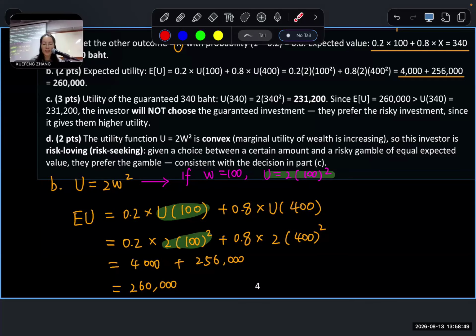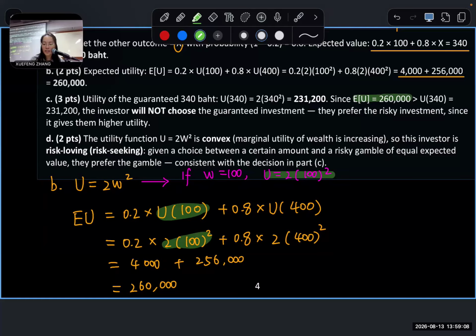So do you think the investor will choose which one? The risky one or the certain one? So you just compare the utility, right? Here.